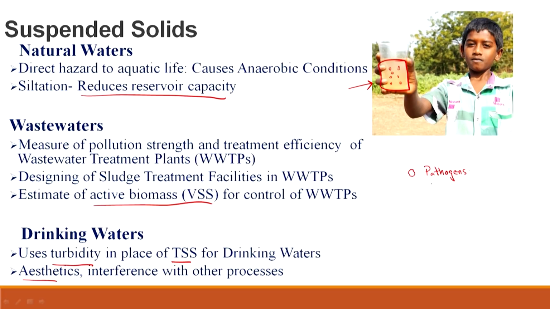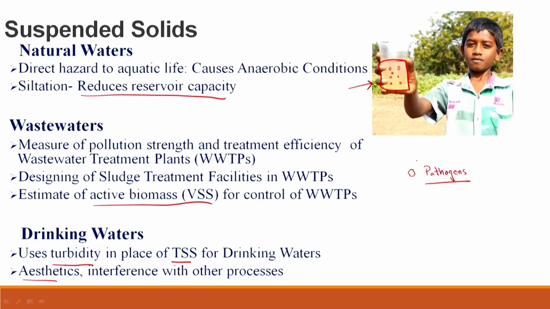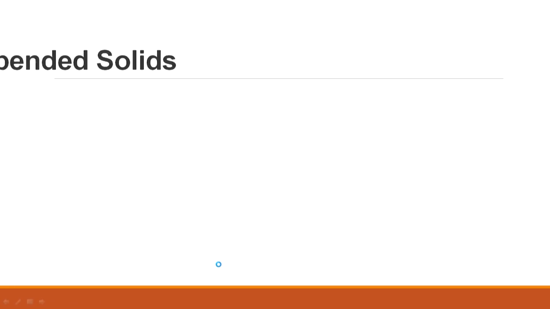You have nooks and corners, and in these crevices of the suspended matter, you are going to have pathogens thriving. So, that is why suspended matter, rather than being harmful by itself, is also going to act as a reservoir of pathogens. That is one thing to keep in mind, and obviously they interfere with other water treatment processes, right.